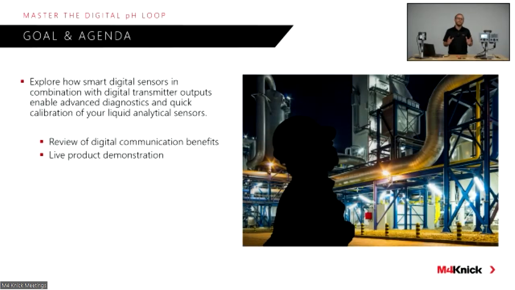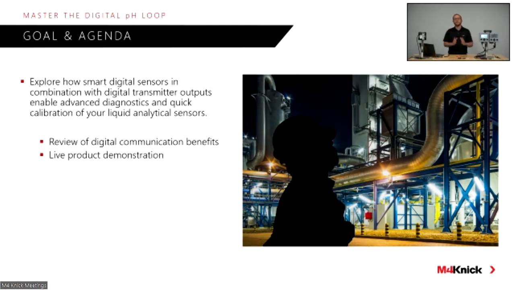Our goal really for today, like I said, is to explore how digital technology is really benefiting your facilities, plants, industrial plants, when it comes to the measurements of liquid analysis. So we're going to review a little bit on digital communication, digital sensing communication. So we'll talk about digital technology and its benefits from sensor to transmitter.